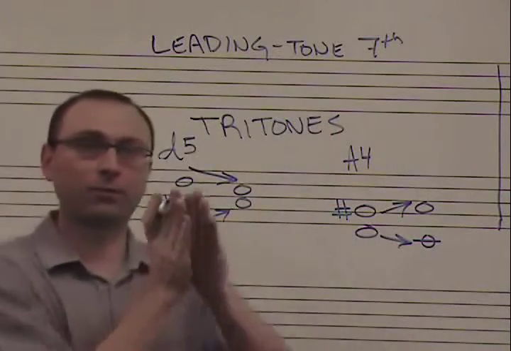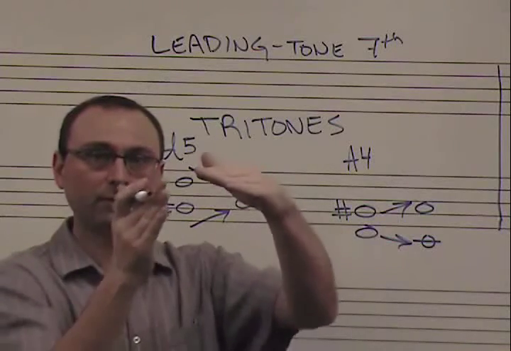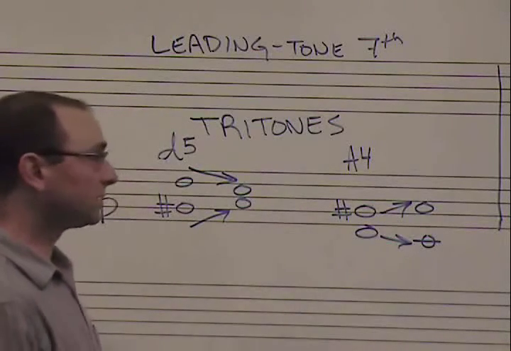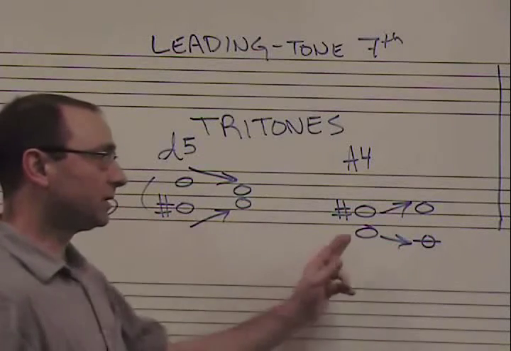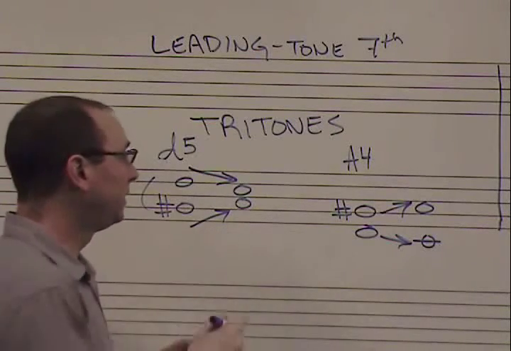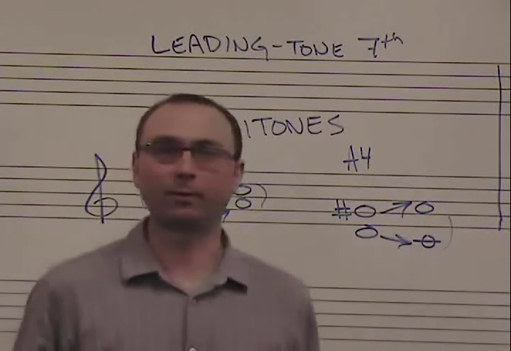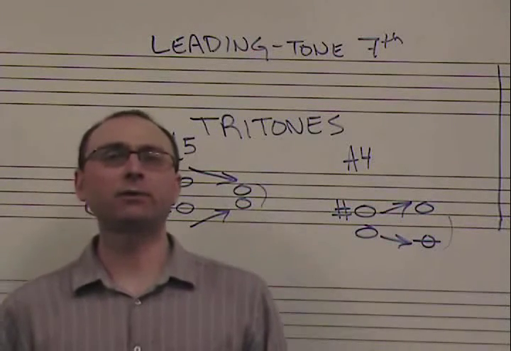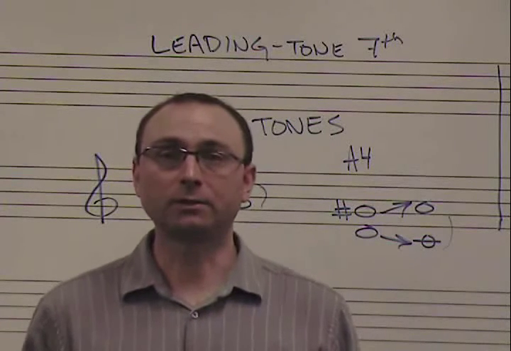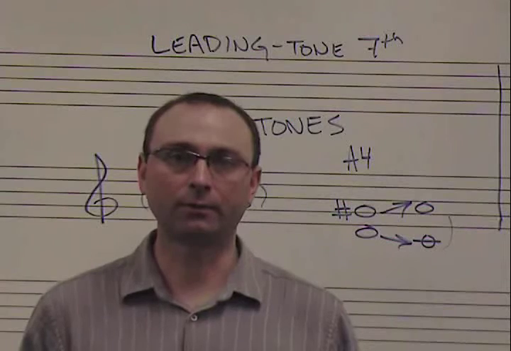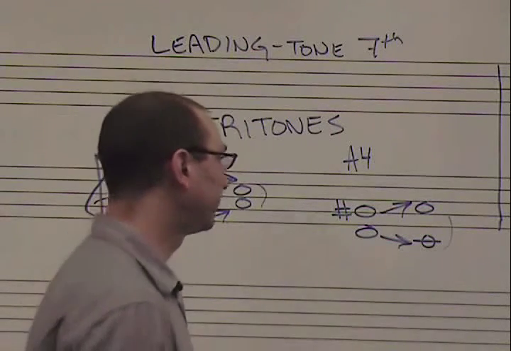Notice that the augmented fourth resolves outward, whereas the tritone of a diminished fifth resolves inward. What's interesting is that these are the same two pitches as these two, we just flipped them around. These pitches are the same as these, but once again we just flipped them around. Okay, so this is how we resolve tritones, and this is going to be important a little bit later when we consider the resolution of these chords in progression, in four-part harmony.